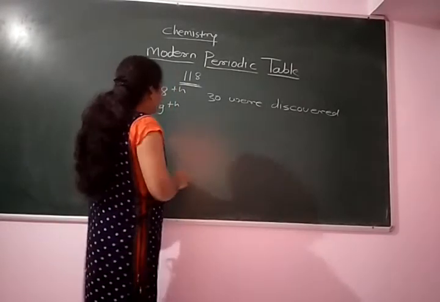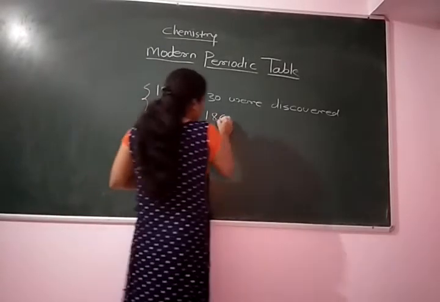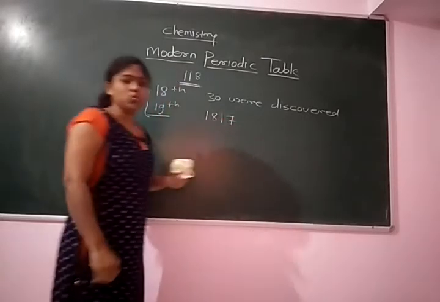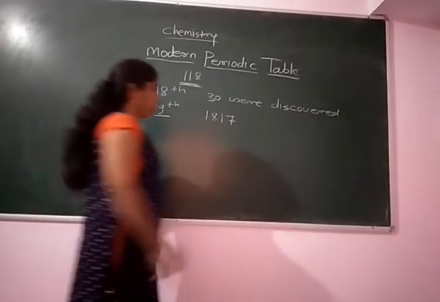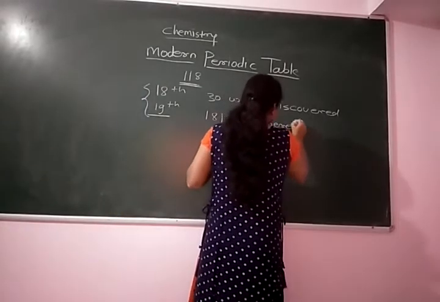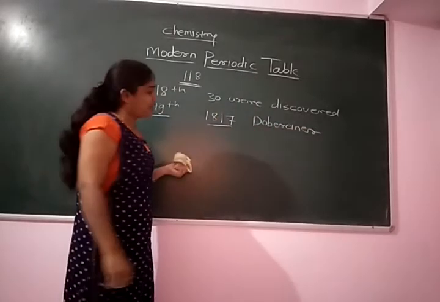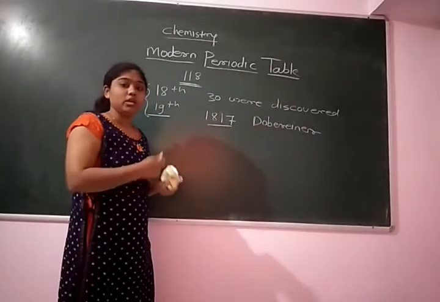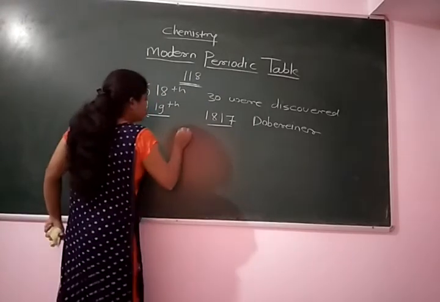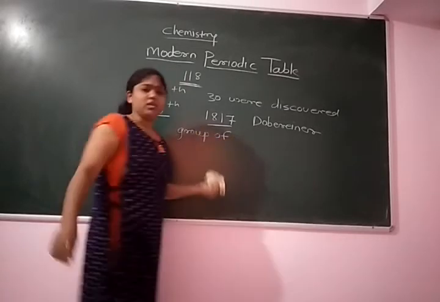After that, in 1817, a new scientist, Dobereiner, came.